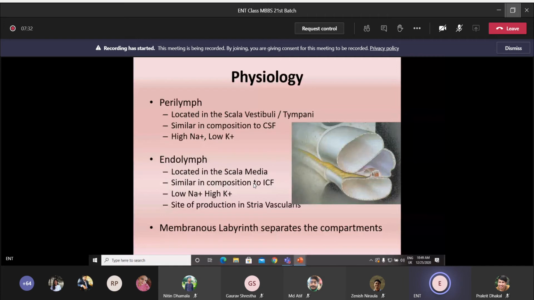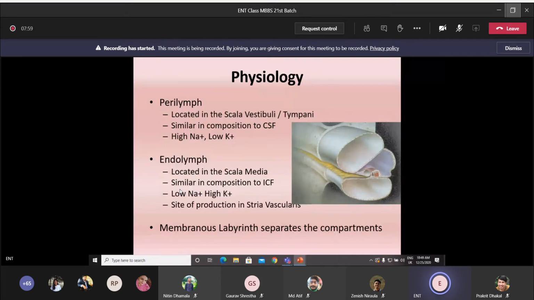Now, if we go back to our anatomy again, you do remember the fluids, perilymph and endolymph. Perilymph is located in the scala vestibuli and scala tympani, and has a similar composition to cerebrospinal fluid. It is high in sodium and low in potassium.